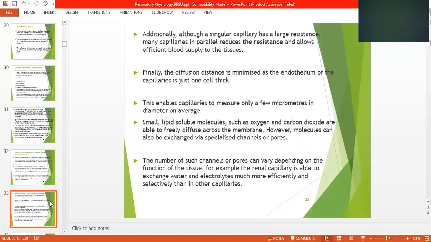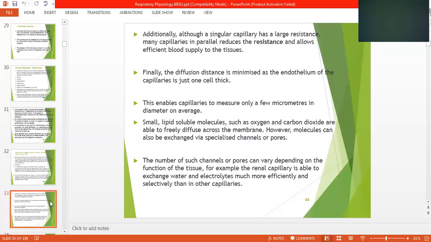Finally, the diffusion distance is minimized as the endothelium of the capillary is just one cell thick. It means the capillary vessels consist of single epithelial cells, and they have gaps in between them, known as fenestrations, through which the exchange of blood takes place from the capillary to tissue and tissue to capillary.